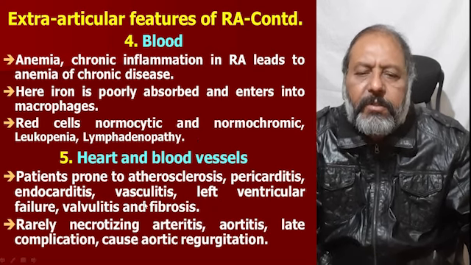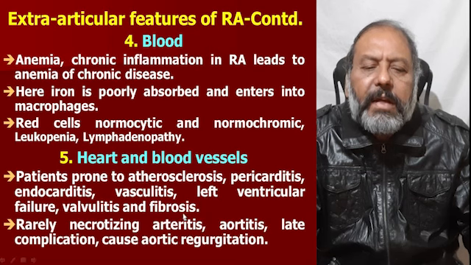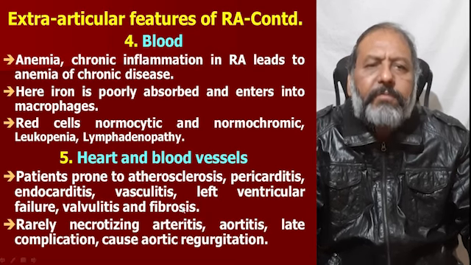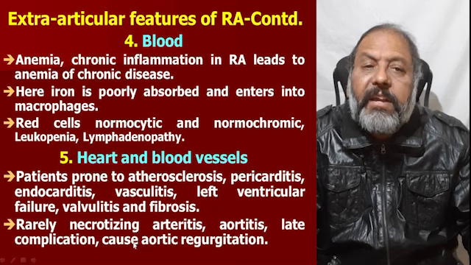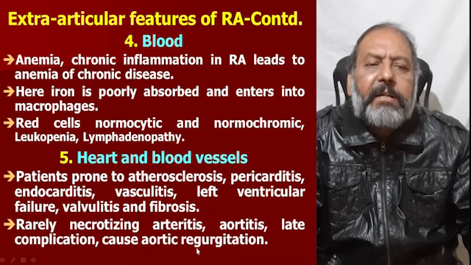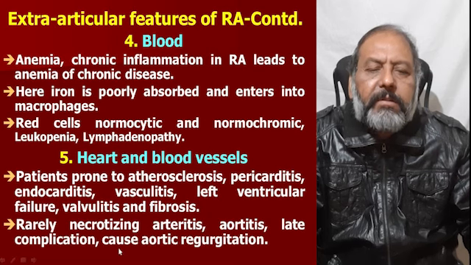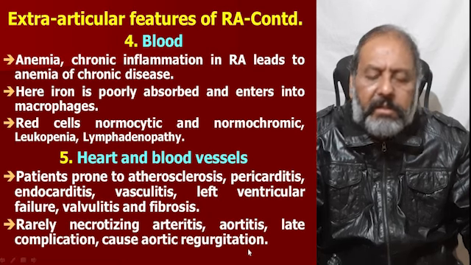The patient is prone to atherosclerosis, pericarditis, endocarditis, vasculitis, left ventricular failure, valvulitis, and fibrosis seen as manifestations of rheumatoid arthritis. Rarely, necrotizing arthritis, aortitis, a late complication that causes aortic regurgitation.